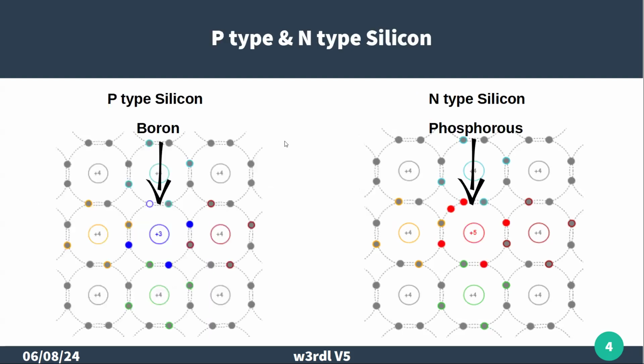When we take an added impurity, one of the typical ones is to add boron. It only has 3 valence electrons. So when we slip those in with the silicon atoms that have 4, we get a hole.